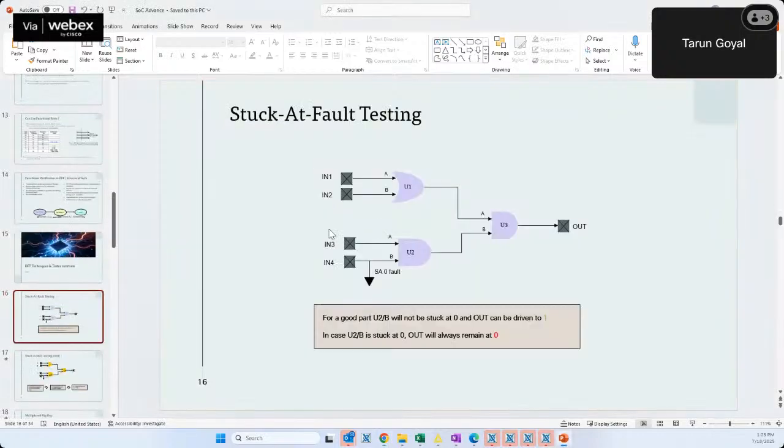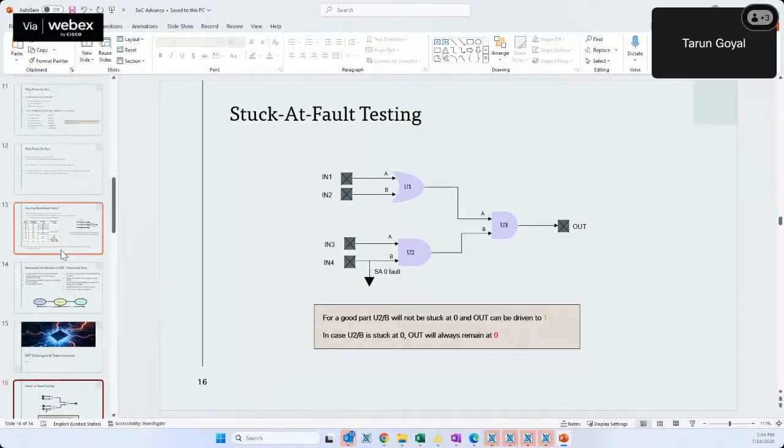This is very easy to visualize. What you are applying on A and B, and what you are able to see on the output, suppose on the C pin of this gate. It's a simple truth table of an AND gate. How does this look at the transistor level?